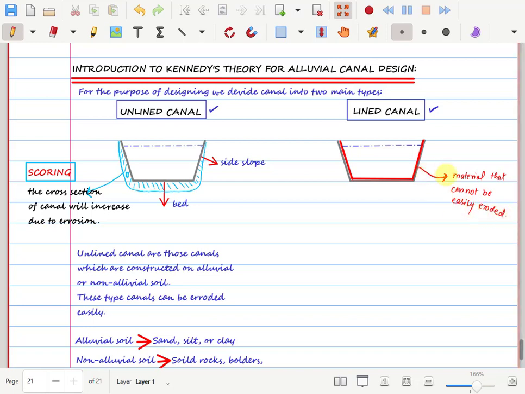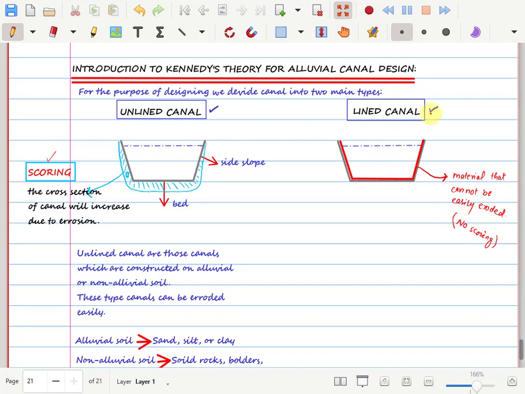Got it? Like cement or tiles or stones. So what is going to happen in such cases? In such cases, if water is flowing in the canal, obviously scoring will not occur here, right? There will be no scoring because we have used a material which stops the erosion. So if there is no erosion, that means that there will be no scoring.